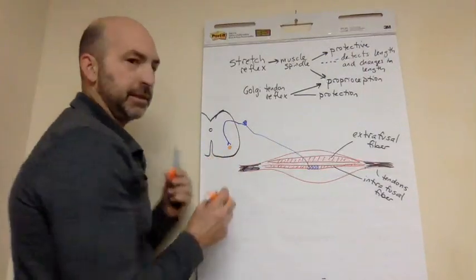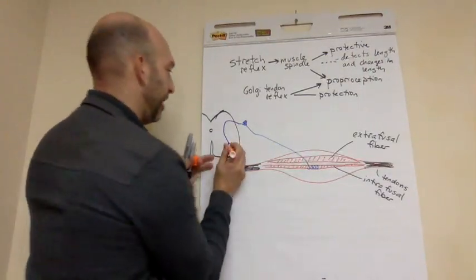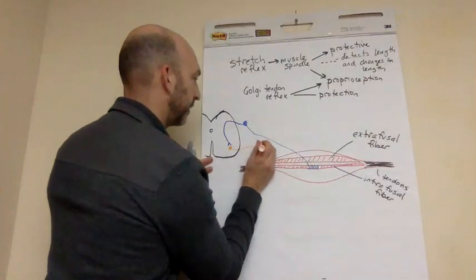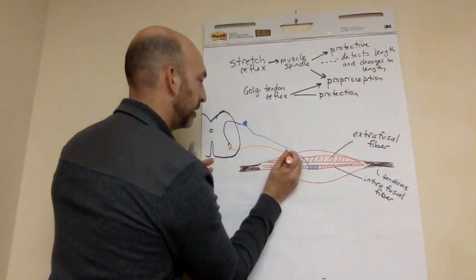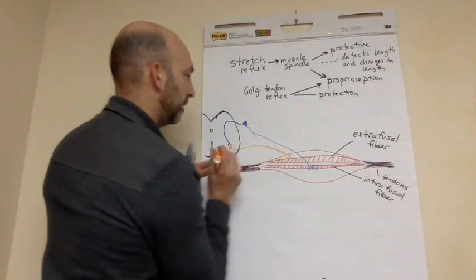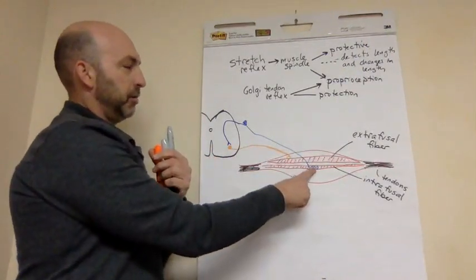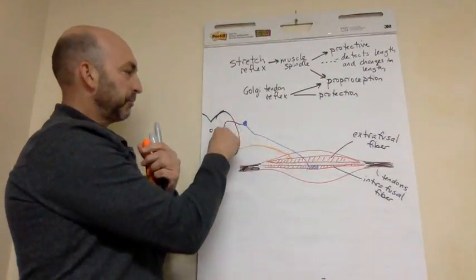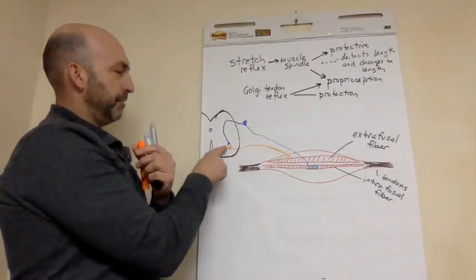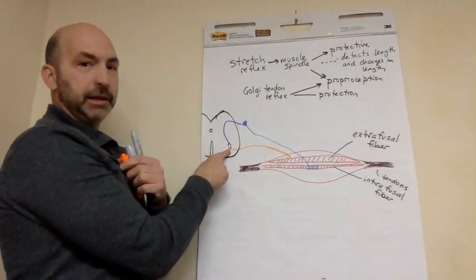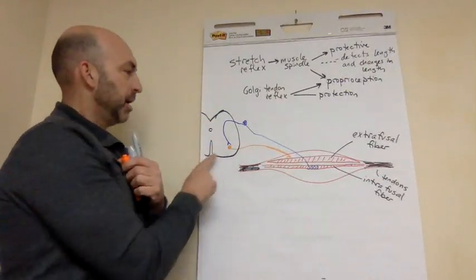And that guy is going to send an axon out to, you guessed it, the extrafusal fibers. So when we get stretch here, we get action potentials. We get synapse on the motor neuron directly. Notice there is no interneuron.